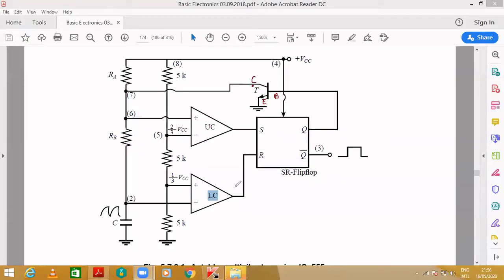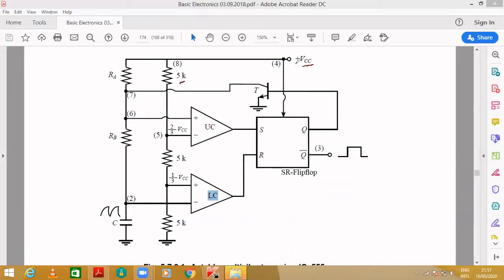Here you may have a doubt about what this 2 by 3 VCC and 1 by 3 VCC are. As you can see, the plus VCC is connected at this point, and it is connected to the negative terminal, the inverting terminal, of the upper comparator, and next to the non-inverting terminal of the lower comparator. As you can see, it is connected through a 5 kilo ohm resistor.